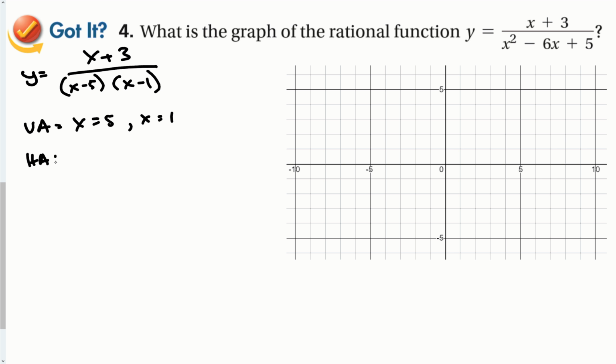Horizontal asymptote, because the denominator is bigger than the numerator, now the horizontal asymptote is at 0. Let's put these in: 5, 1, horizontal asymptote at 0.